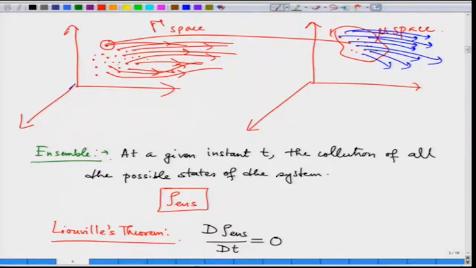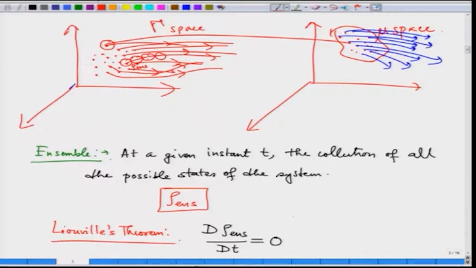If you follow any one of those trajectories and continue calculating, for example, rho ENS along the trajectory, with time it will be constant. So, that was the statement of Liouville's theorem.